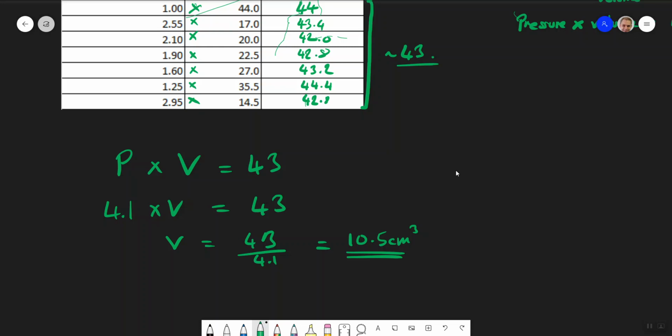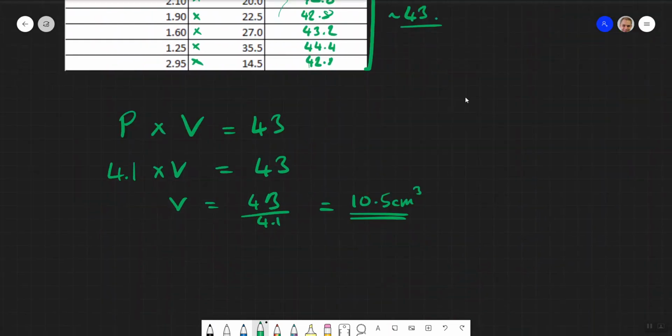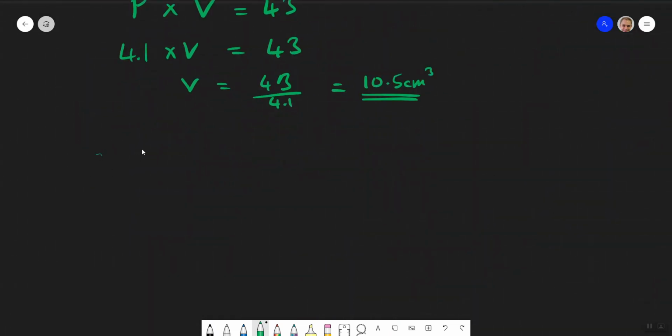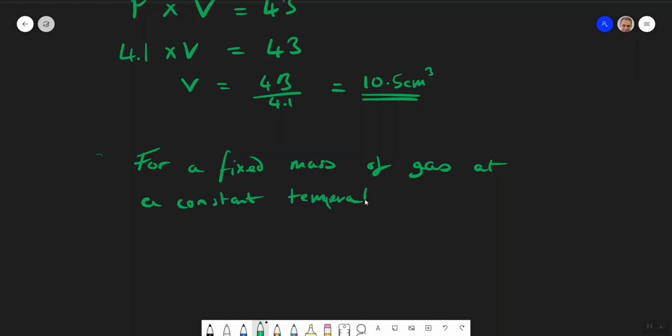So that is Boyle's law, that for a fixed mass of gas at a constant temperature, the pressure times the volume is a constant.